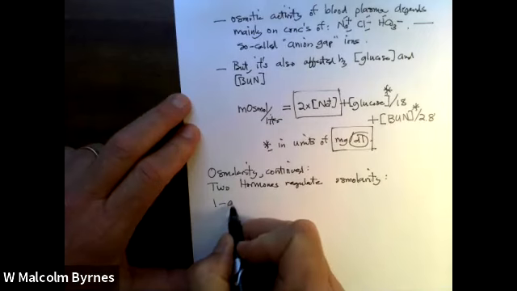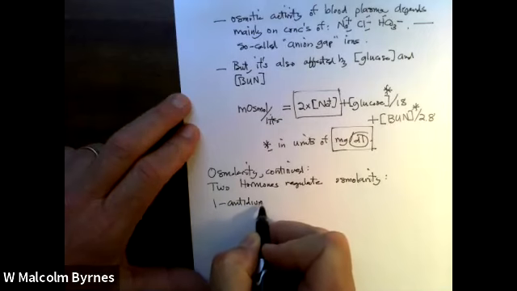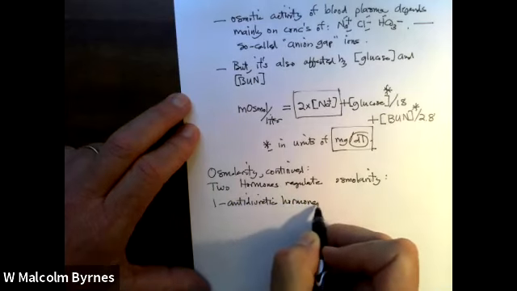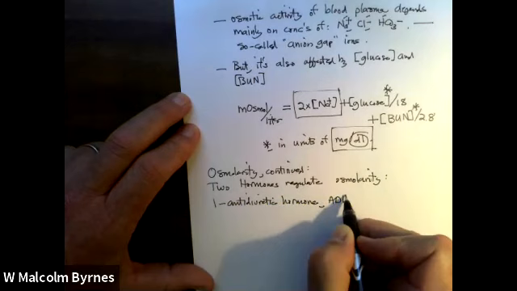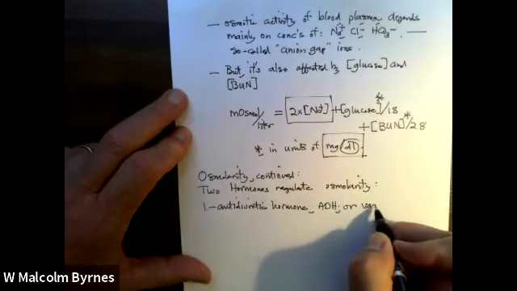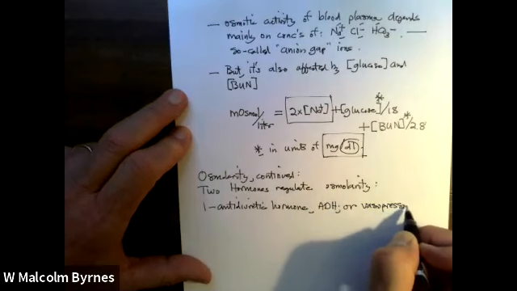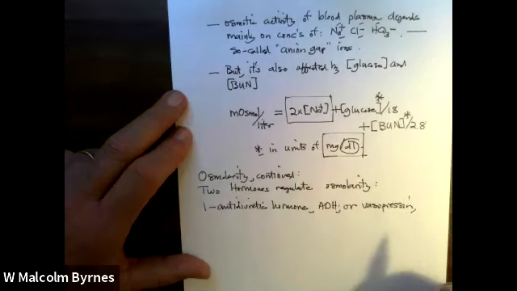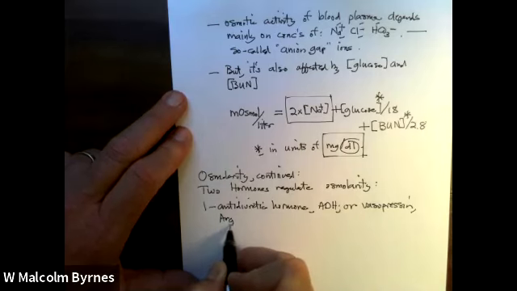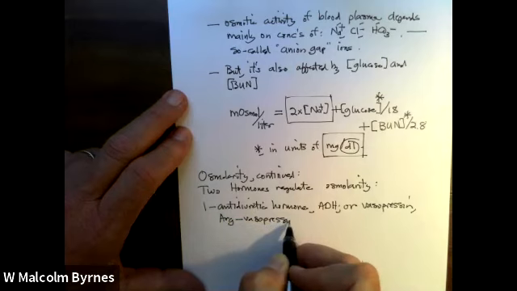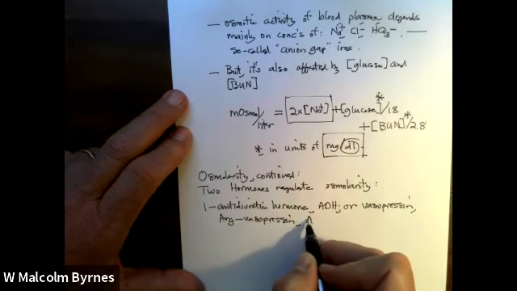First, anti-diuretic hormone, also known as ADH, also known as vasopressin. And there are different kinds of vasopressin. A common one has an arginine on its amino terminus, and so it's called arginine vasopressin, or AVP.